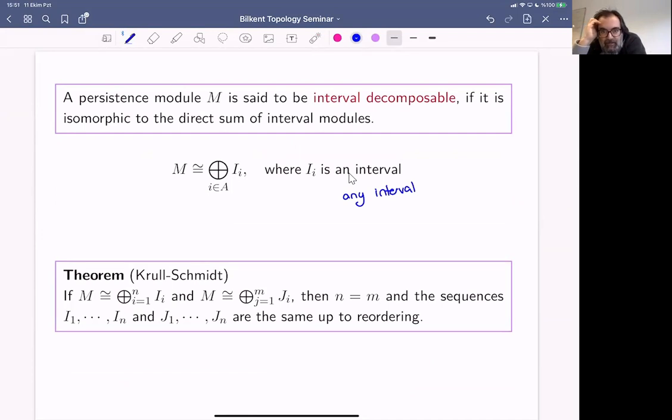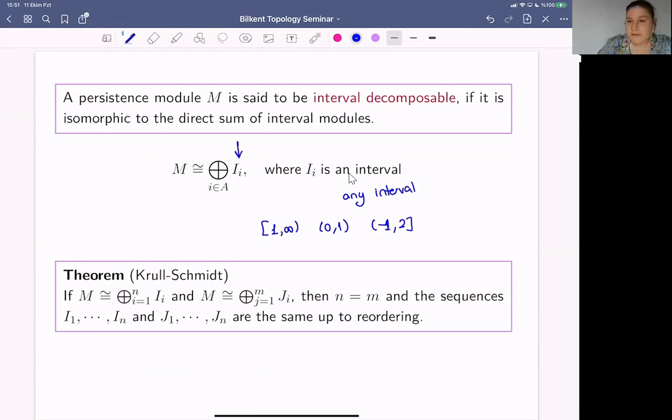Why can't you take one part open, the other part closed? Yeah, we can consider any interval modules, for instance 1 to infinity, or 0-1, or -1 and 2.